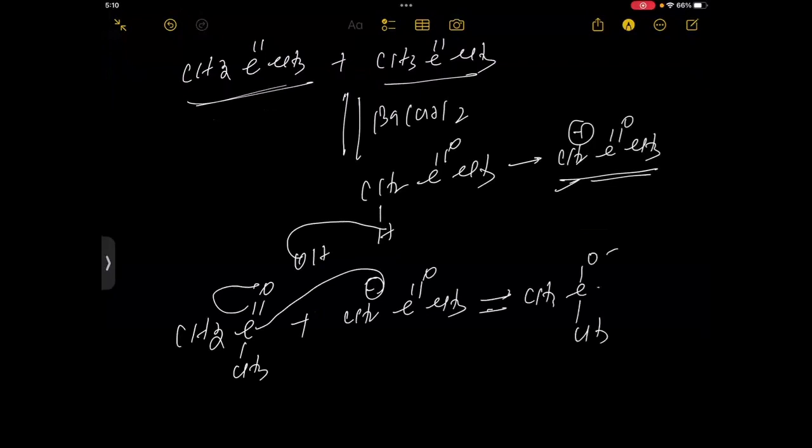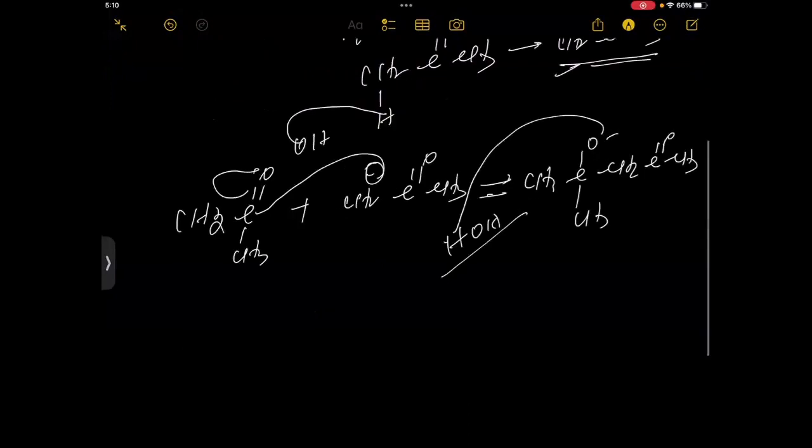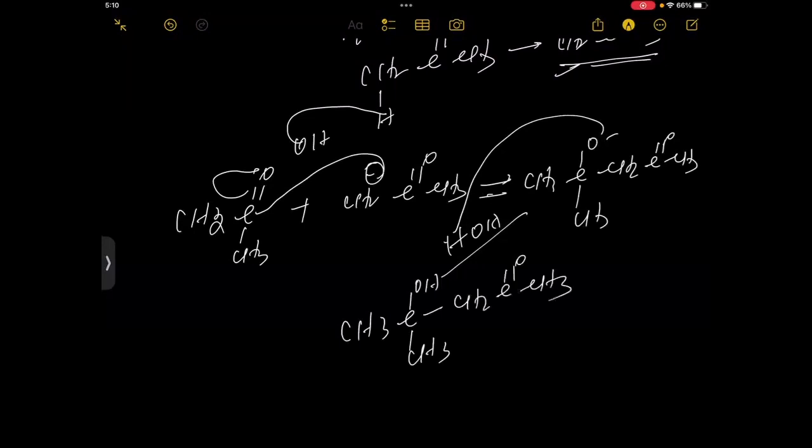And then the water will attack here. Already we know that hydrolysis, and then we get CH3 C OH CH3, here is CH2 C double bond O CH3. Okay, so the aldol is formed.